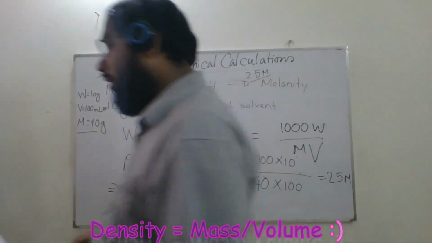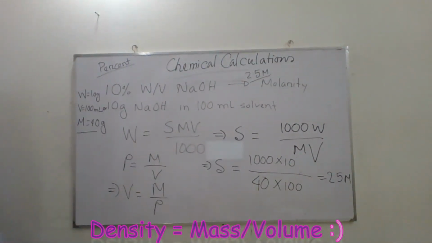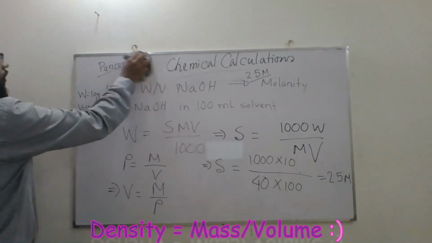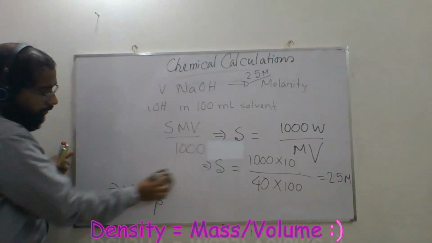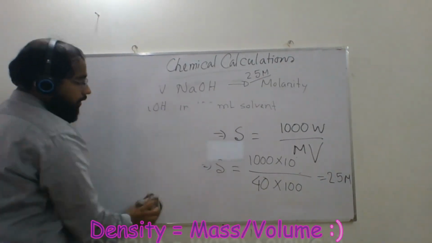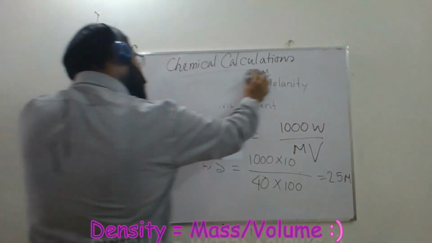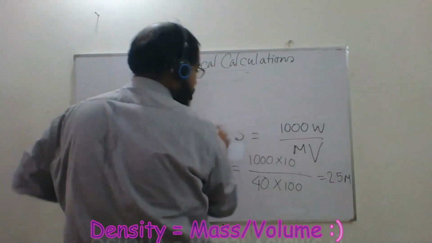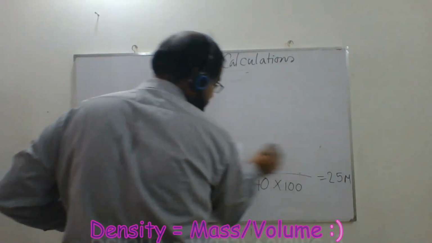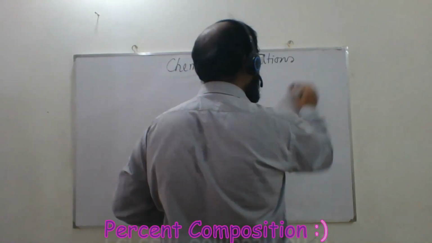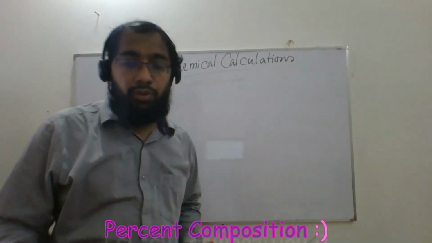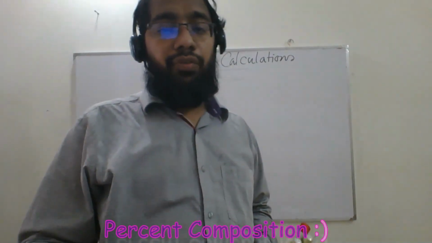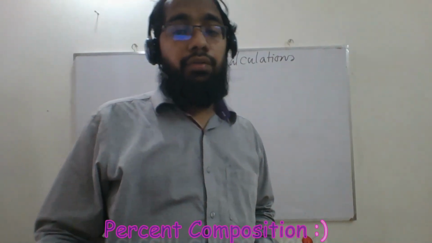Now we will go to another calculation, which is called percent composition. Percent composition is similar to calculating the percentage contribution of any element in any compound. We want to find out the contributions.